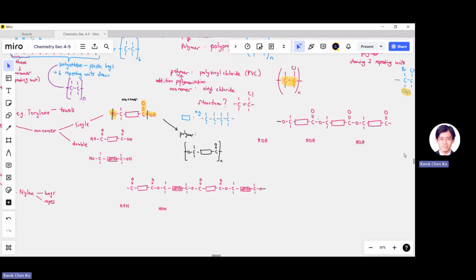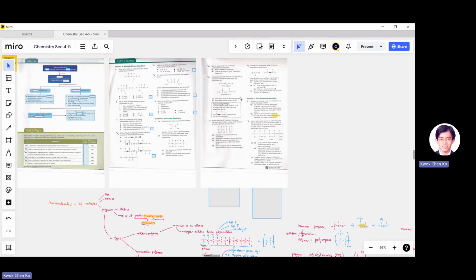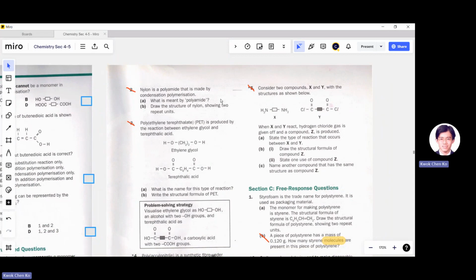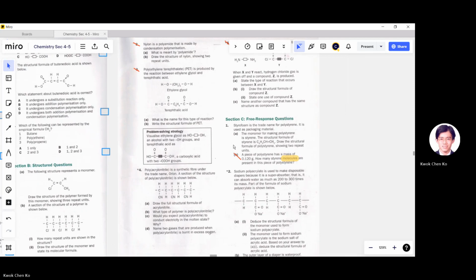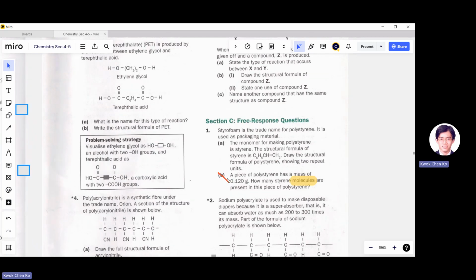So what's a polyamide? What question is that again? Question 2, structural question. Oh yeah, I forgot to tell you. You can skip 2, 3, 5, and section C 1B. Sorry, you can't skip that one.